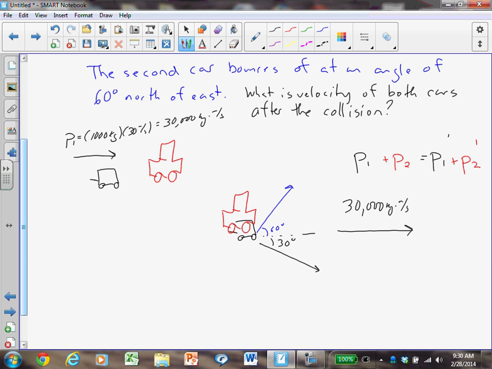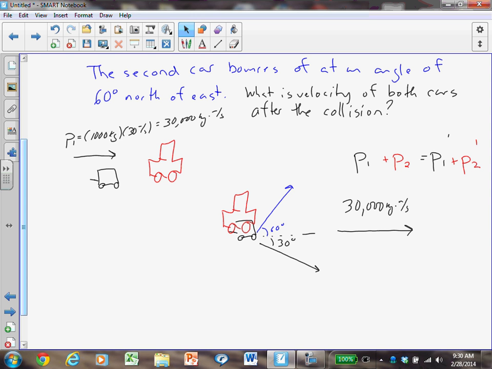We did this with the ball bouncing off the wall, and I did one in class. Remember when I did the one in class like this? So if that's 30,000 kilogram times meters per second, then we look at it and say, what does this have to equal after?